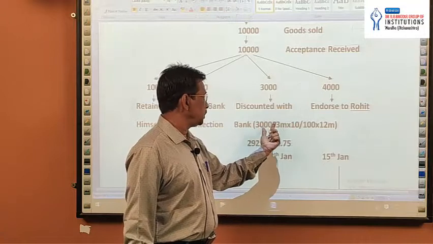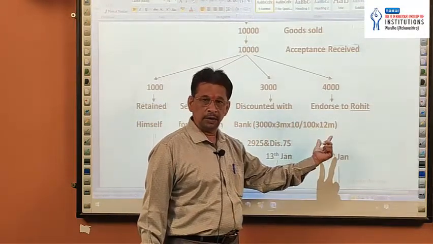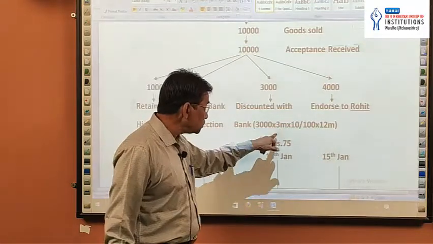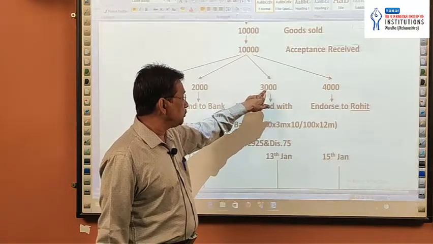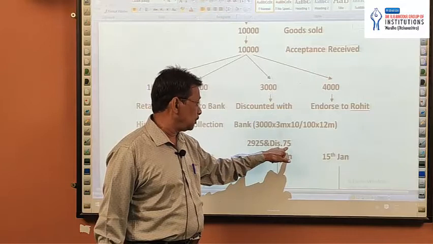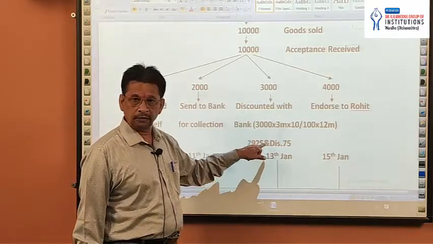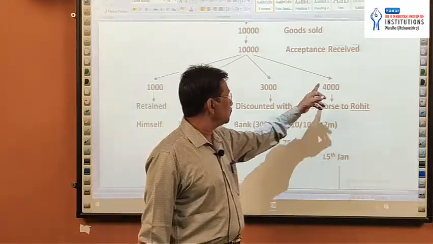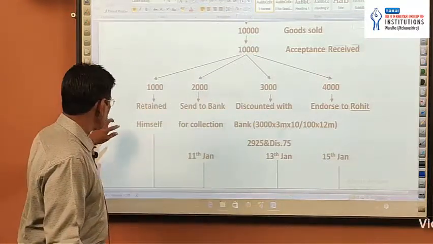So 3,000 multiplied by 3 multiplied by 10, divided by 100 multiplied by 12. The discount amount will be 75. So the bill amount is 3,000, the bank deducted a discount of rupees 75 at the time of discounting, which means the drawer will receive 2,925. And the fourth bill was endorsed to Rohit on 15th January.